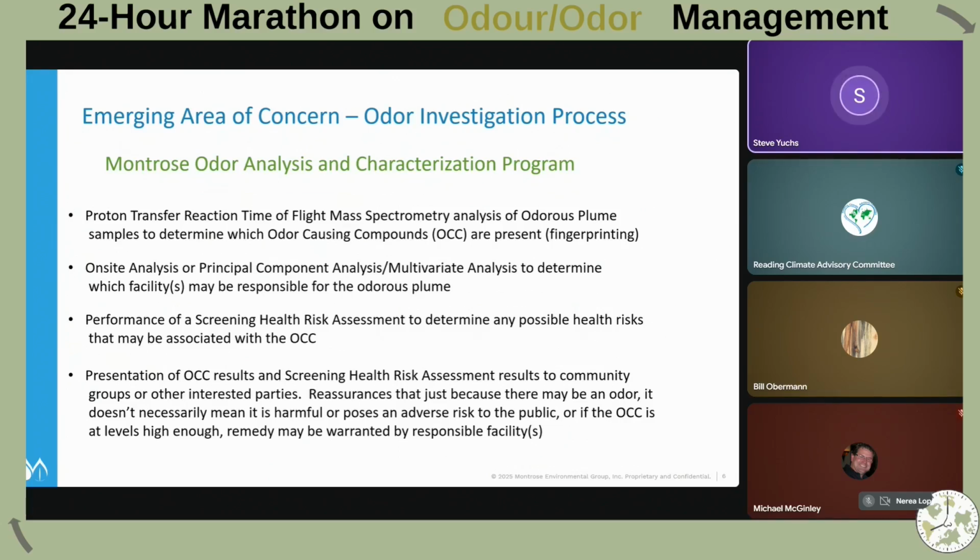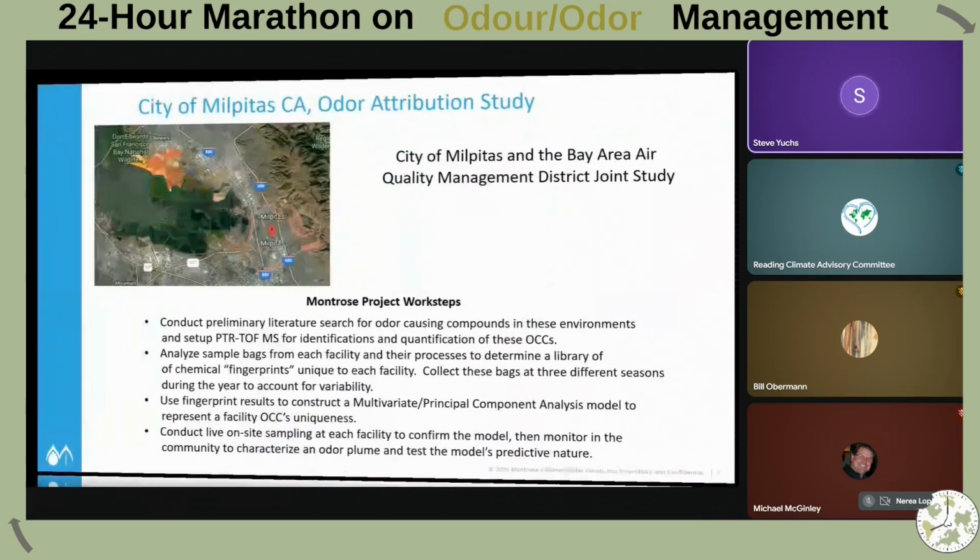Now, in most cases, in these industrial areas, you don't have just one facility process. There are multiple facilities with different odor plumes, and we can use this to identify which ones come from which facility. So let's step that up a bit.